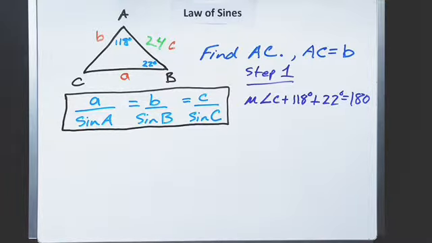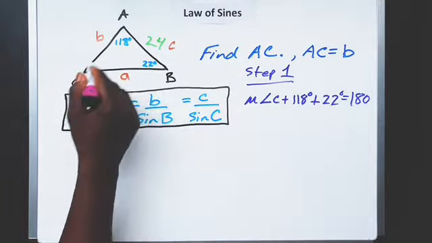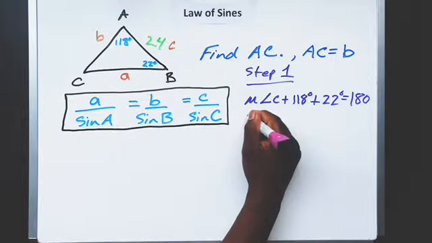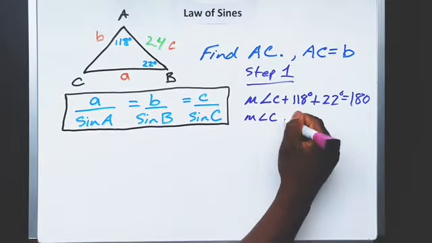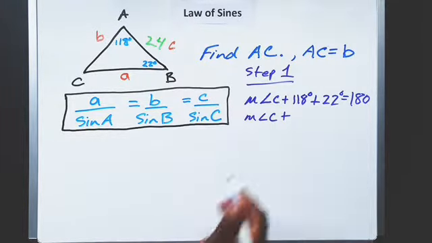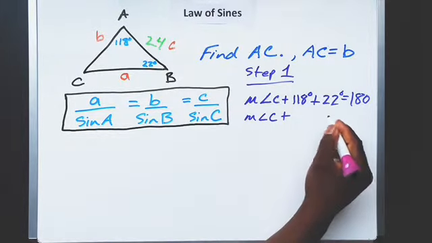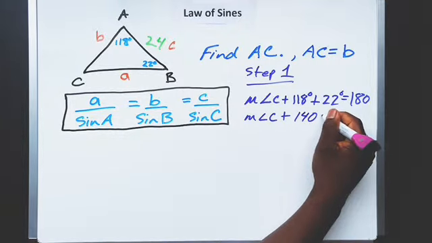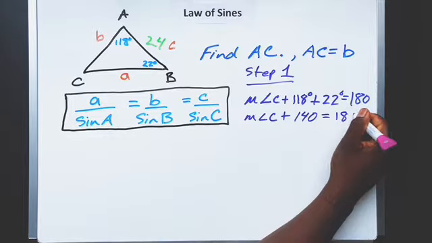That's back in geometry, right? You add up all the angles in the triangle and set it equal to 180 degrees. So we take the measure of angle C plus, and we add these two, 118 degrees plus 22 degrees equals 140 degrees. We set that equal to 180.